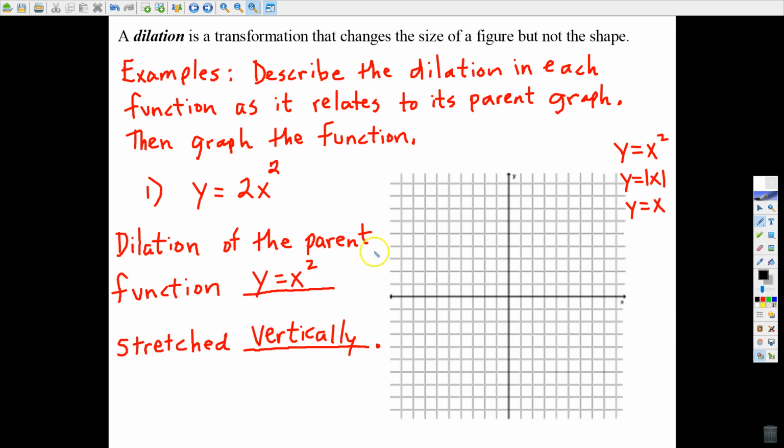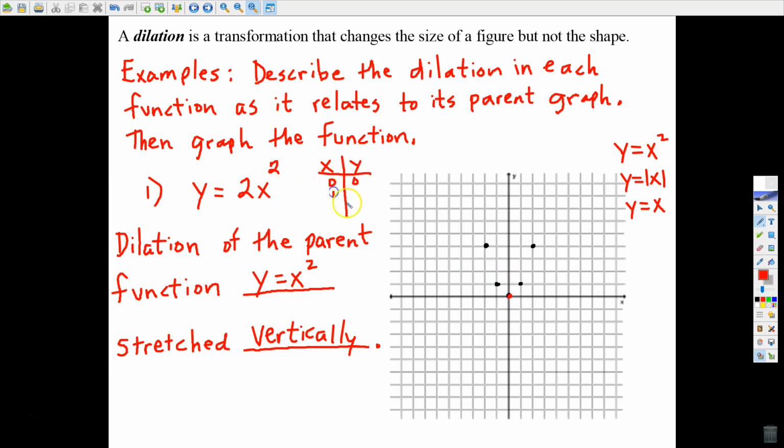So we've got a graph. You don't have to do the parent function in these cases, but I'm going to put it up here just to illustrate again what we mean by vertical stretch. These black dots represent points on the parent function y equals x squared. Now let's come up with a table to represent the function y equals 2x squared. If I do an input of 0, I get an output of 0.